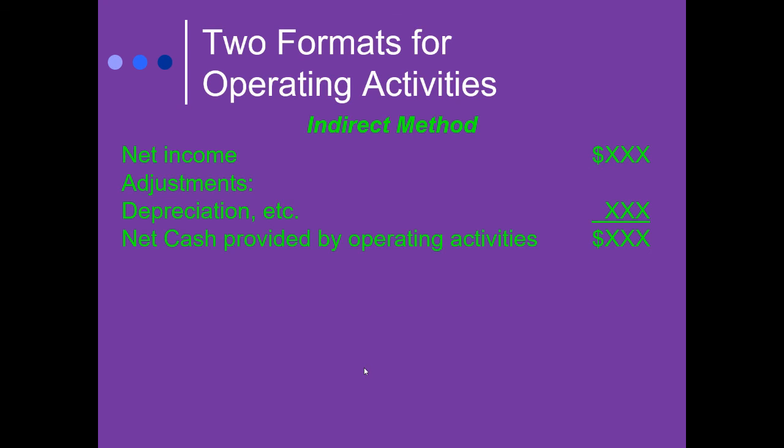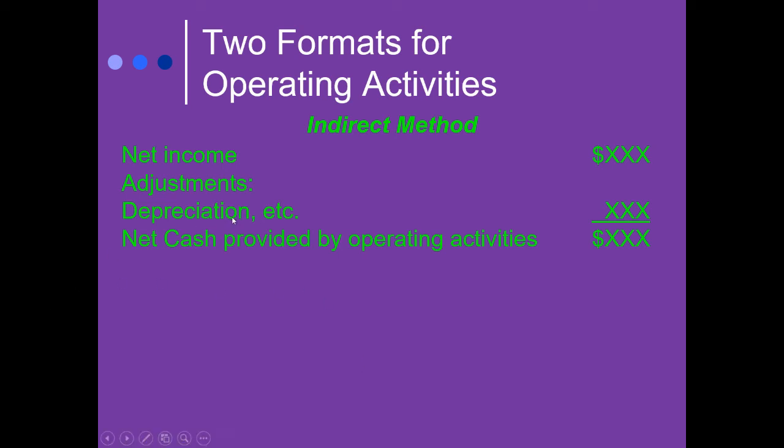Okay, so this is the format for the two methods. For the indirect method, you will start with the net income and then you will do adjustments. The adjustment is for the reconciliation of the items listed in the income statement, so that you can calculate the net cash provided by operating activities.